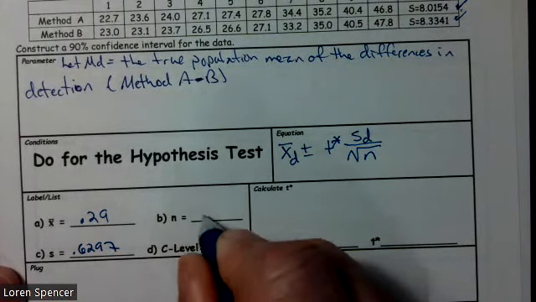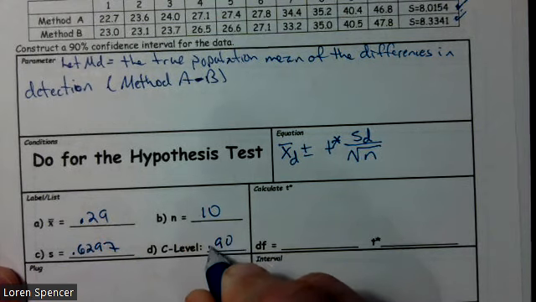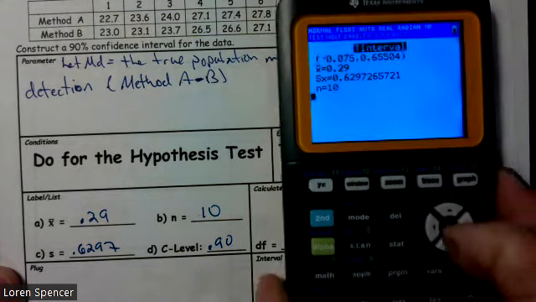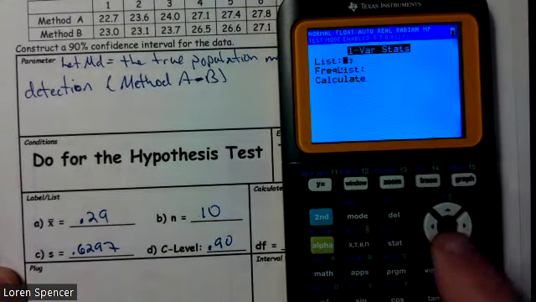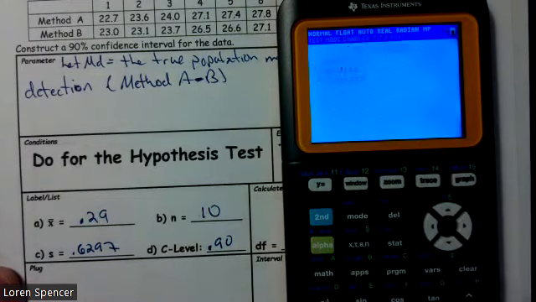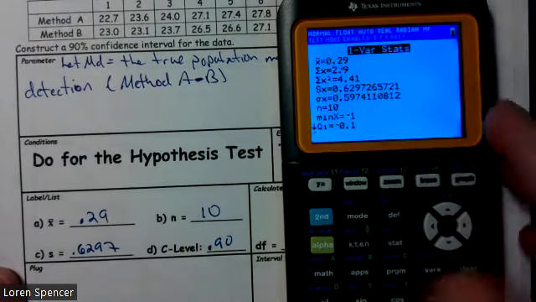We have a sample size of 10, and we have a confidence level of 0.90. Now, alternatively, I could have gotten the same information by going STAT, CALC, 1-Var Stats, and going to L3. And you can see that there's 0.29 and there's a 0.6297.